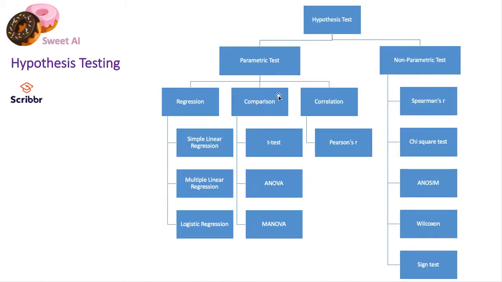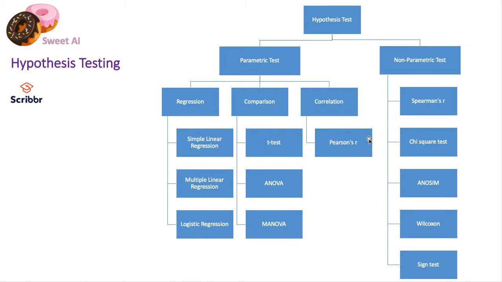Hypothesis testing can be divided into parametric tests and non-parametric tests. Parametric tests can be divided into regression, comparison, and correlation. For regression, we have simple linear regression, multiple linear regression, and logistic regression. For comparison, we have the t-test and Anova test.